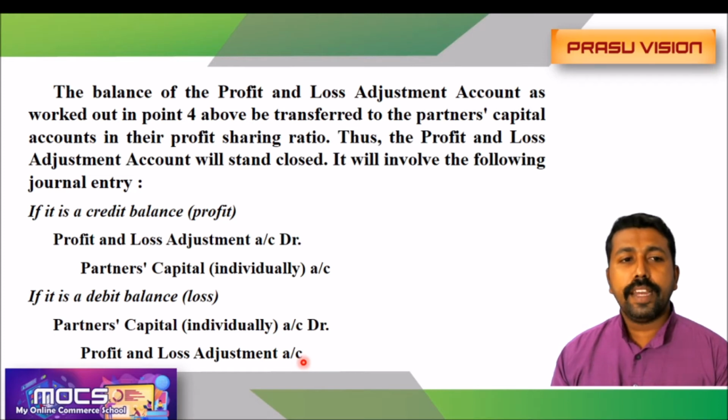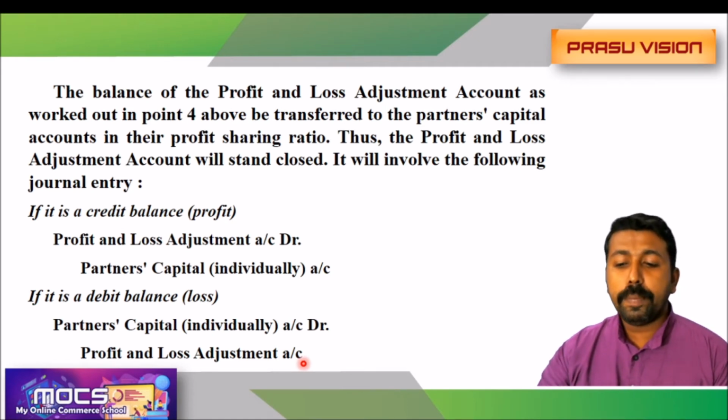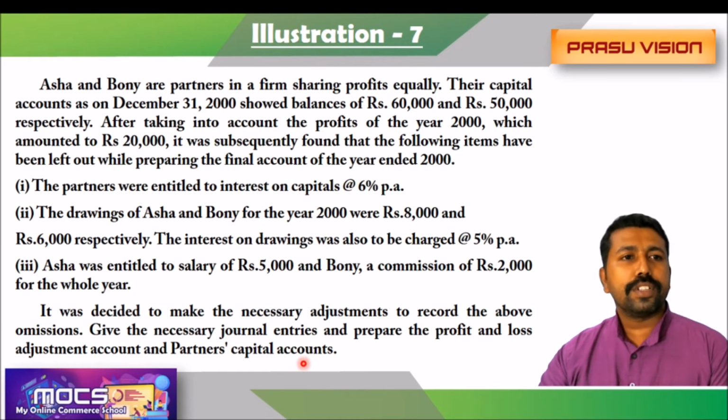So this is the way we have to adjust the items omitted, by passing entries separately for each item omitted in the books of accounts. Hope it is very clear for you. Then we have to solve one problem to know more about how to write the adjusting entries for each and every item. Here is the question.